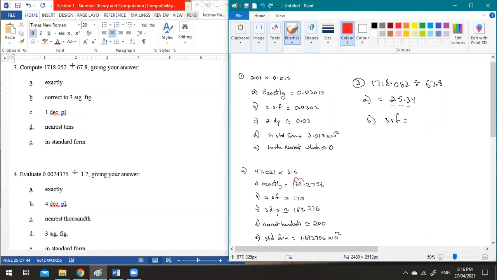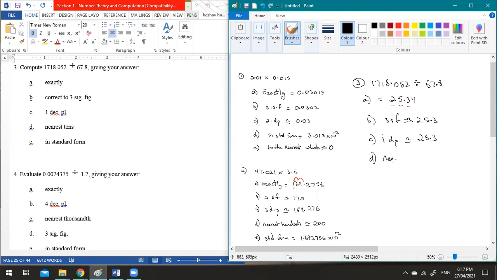1, 2, 3. So you're looking at the number after the 3, which is the 4. It is less than 5, so you're leaving it alone. So 25.3. C, 1 decimal place. You're still looking at the 3. So again, you should get the same answer, 25.3.